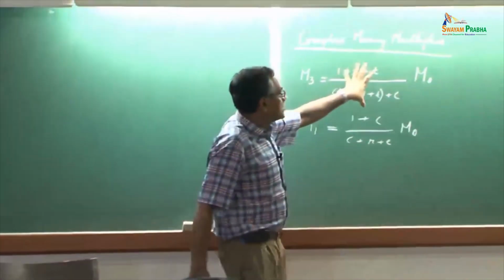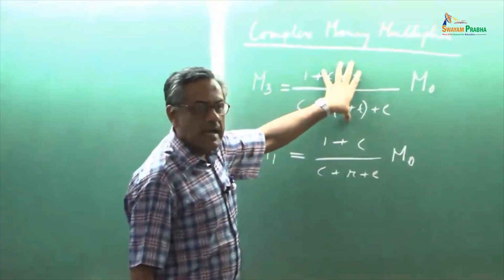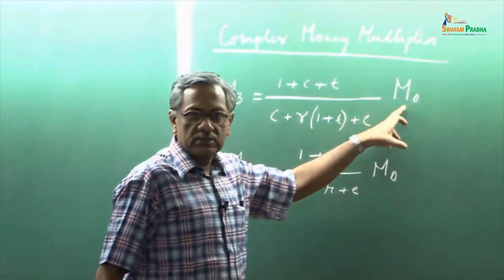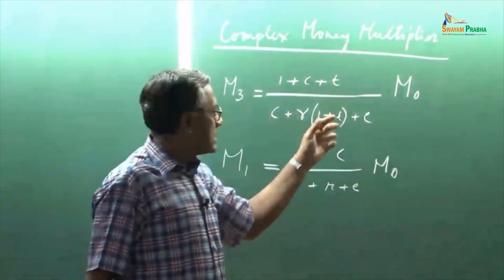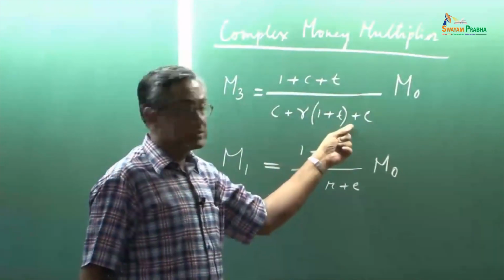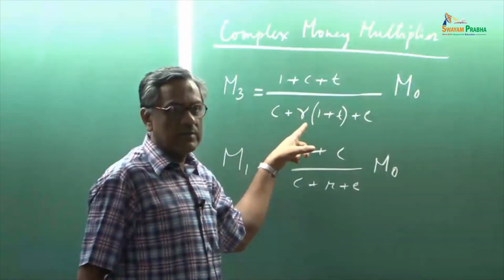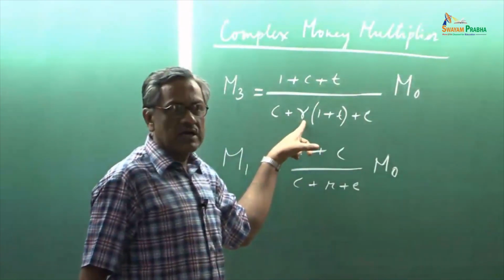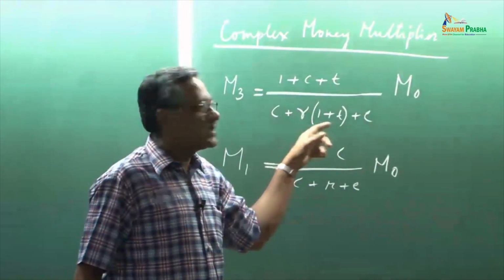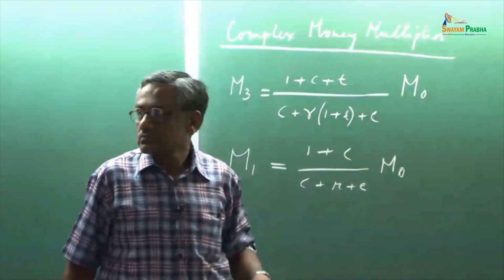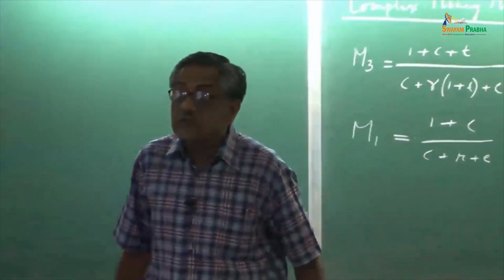This fellow here, which I call small m2, has a much stronger influence on M3 than this. So the behavioral parameters C, T and of course, government central banks CRR, they determine the strength of the multiplier, strength of M3. E is a very small number, I will show you.